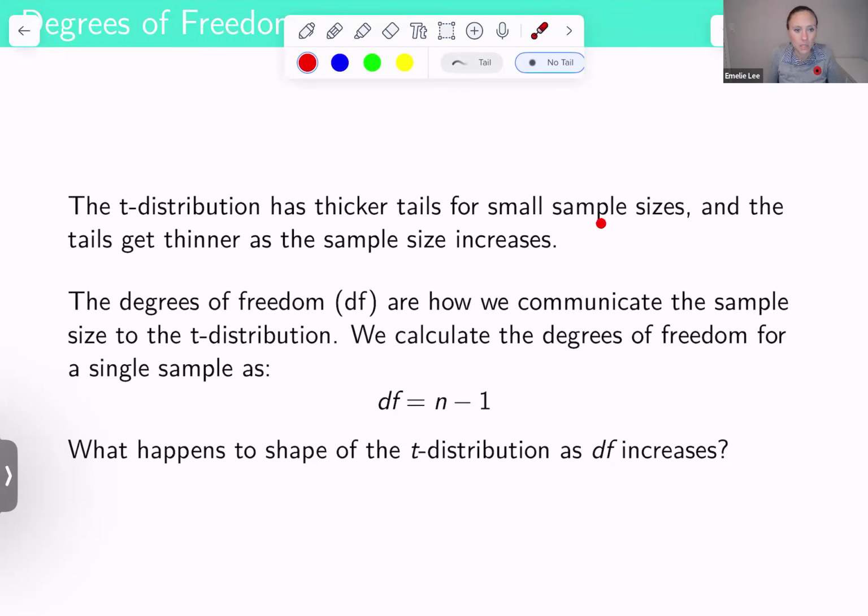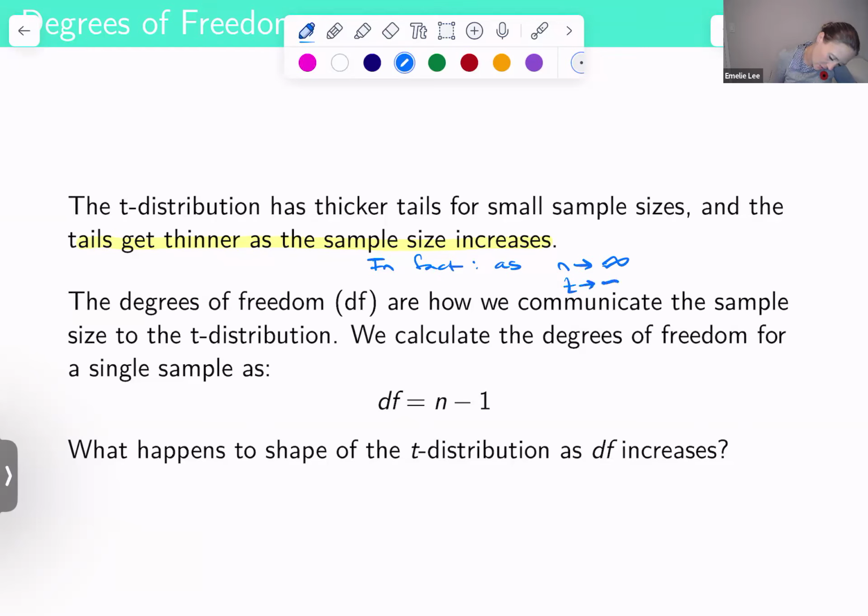Okay? And so here, I'll highlight this. The tails get thinner as the sample size increases. Okay? In fact, as n goes to infinity, or the population size, I should use the population size there, but let's just say infinity, then t is going to approach the z distribution.